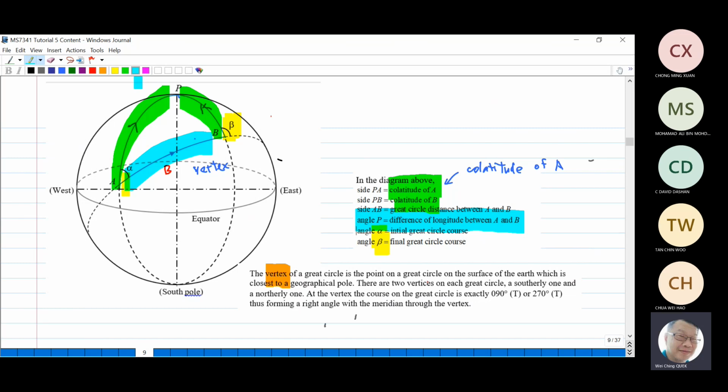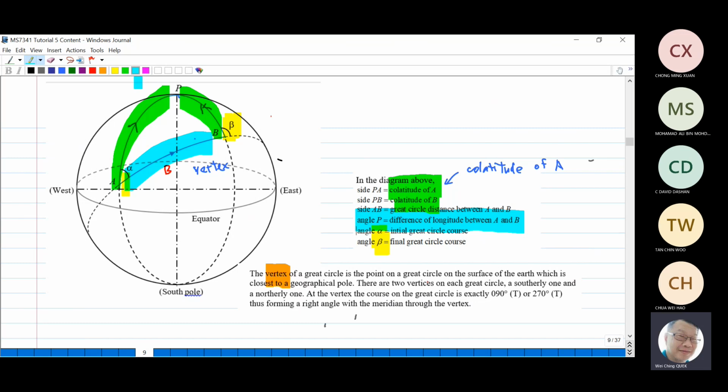Now there is a question about something called a vertex here. What is a vertex here? The vertex of the great circle is the point on the surface of Earth which is nearest to the pole. What does it mean nearest to the pole?